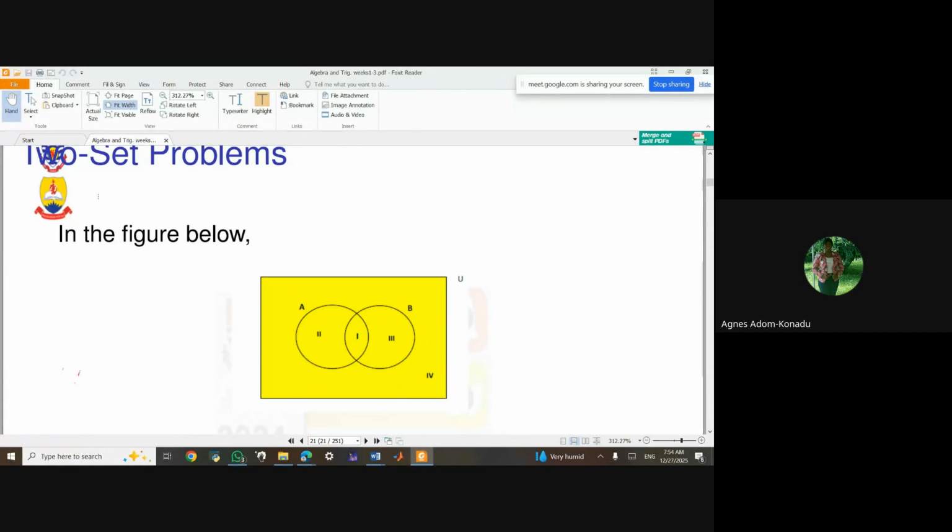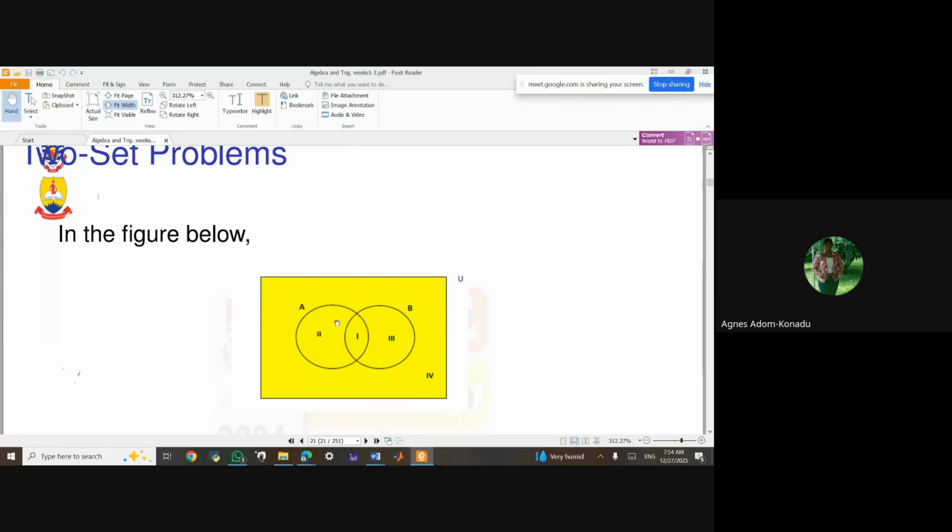Okay, so let me just give you a simple explanation of A difference B. When I talk about A difference B, I'm talking about the set A and the set B, only these two sets. So A difference B means that I'm taking the whole of this out.